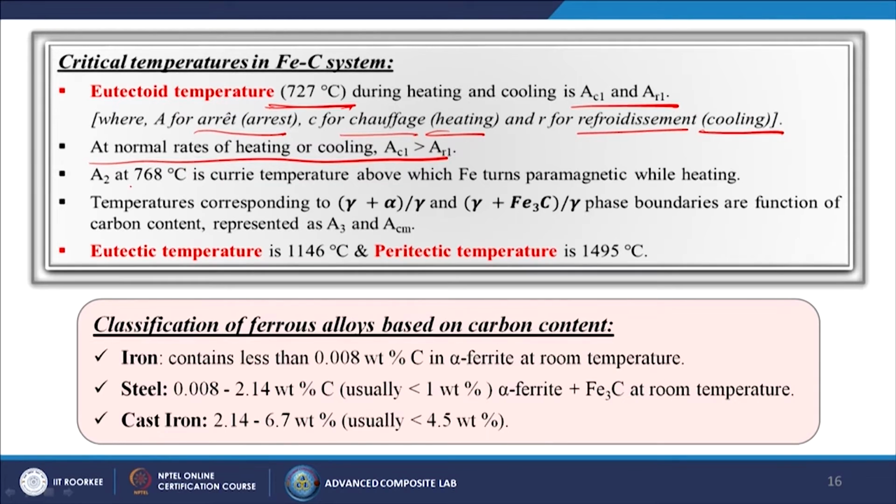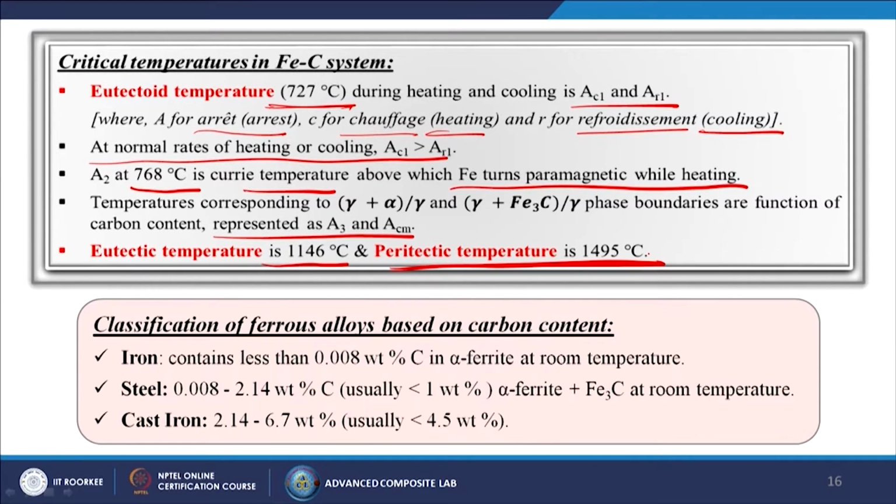A2 at 768 degree centigrade is the Curie temperature, above which iron turns paramagnetic while heating. The temperatures corresponding to the gamma plus alpha by gamma and gamma plus Fe3C and gamma phase boundaries are functions of carbon content, represented as A3 and ACm. The eutectic temperature is 1146 degree centigrade and the peritectic temperature is 1495 degree centigrade.